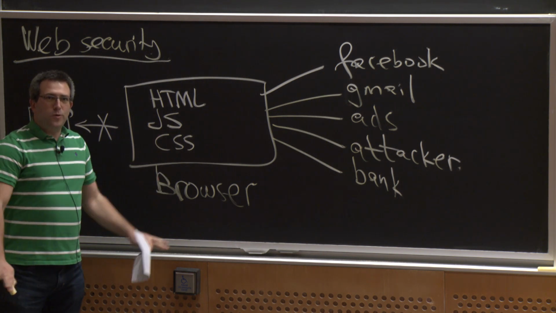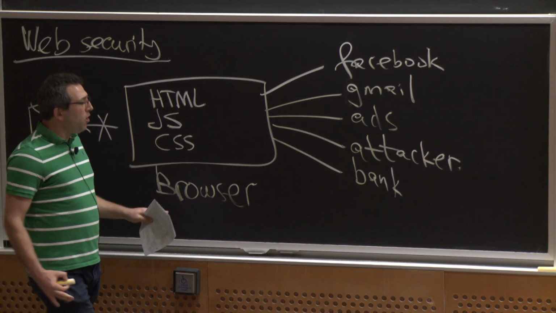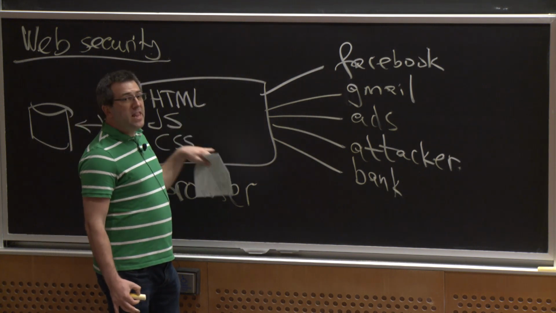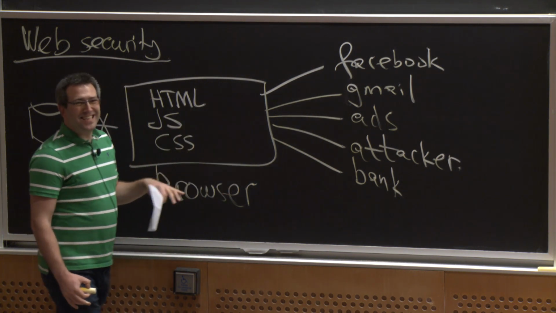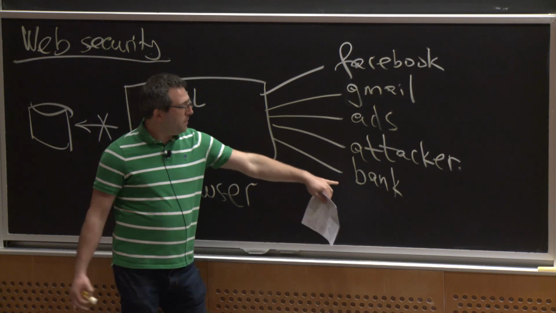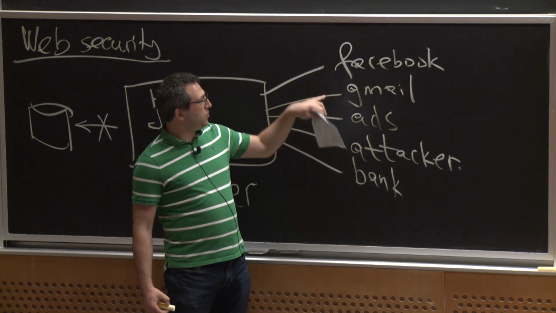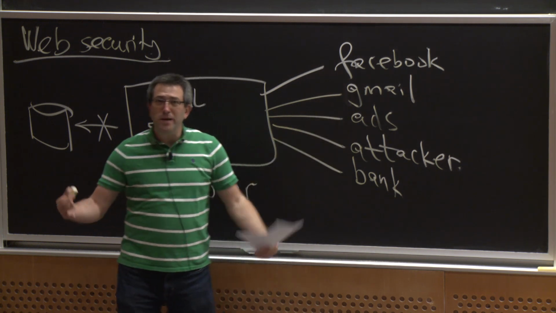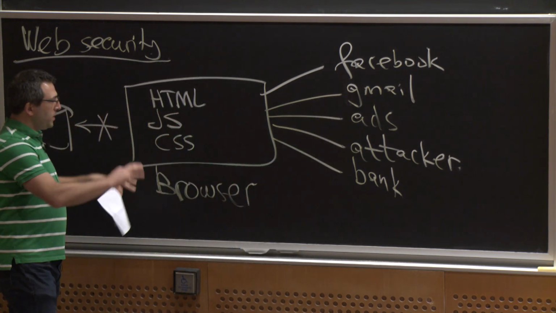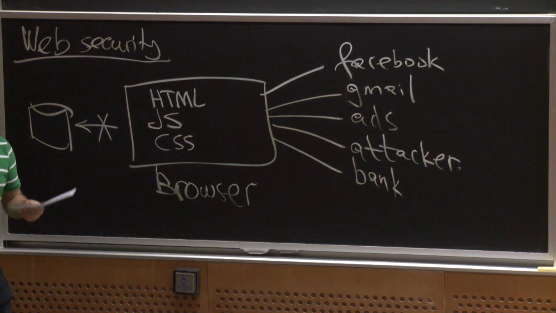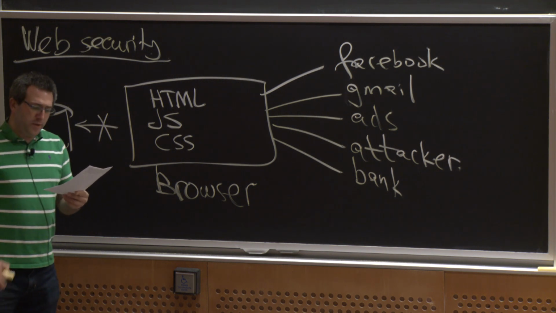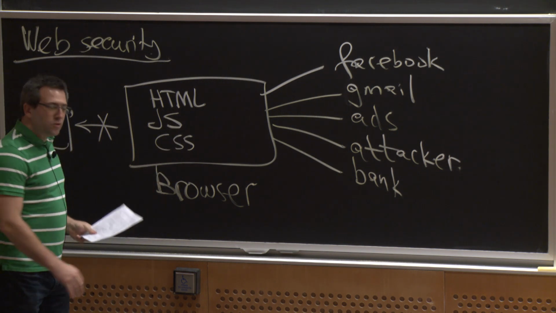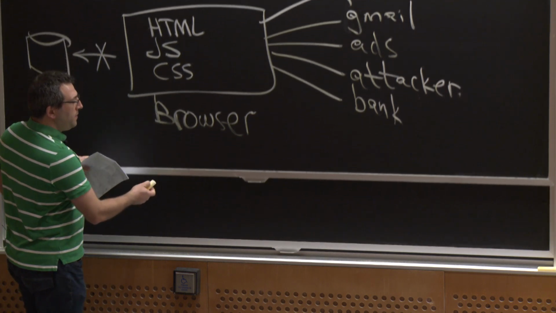So maybe that's true. But the problem is that there's probably lots of important stuff in the browser that you want to protect. Like you want to protect the bank from the attacker. You want to make sure that Facebook, if it's compromised, can't cause your Gmail to be compromised, and so on. So you want to somehow tease all of this apart in your web browser. Does that make sense? That's the sort of problem we're tackling for today.